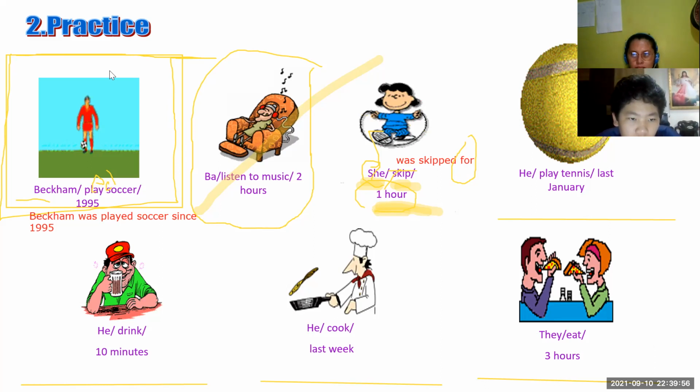He drink 10 minutes. Okay, for this below. He drank 10 minutes. That is, he was drinking beer for 10 minutes. Before 4, okay.